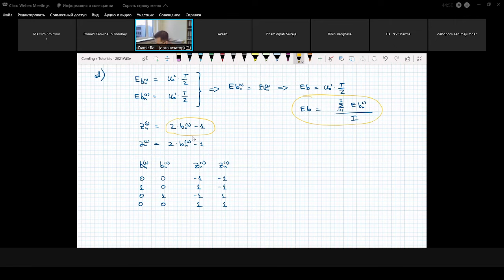You calculate the energy for each possible bit. Consider the case where Bn1 and Bn2 belong to the alphabet 0, 1.